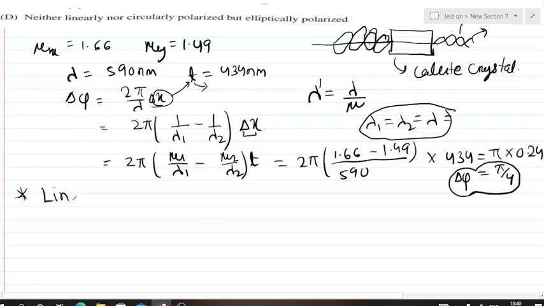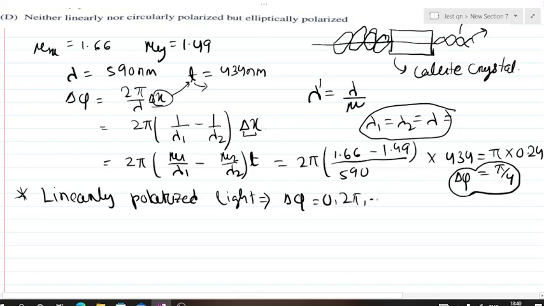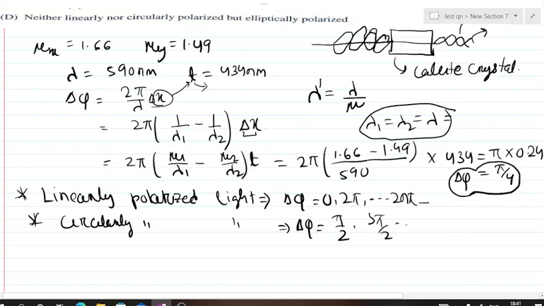In case of linearly polarized light, the phase difference is 0, 2 pi, 2n pi, as we know. But in case of circularly polarized light, the phase difference must be pi by 2, 3 pi by 2, n pi by 2, and the amplitude must be the same.